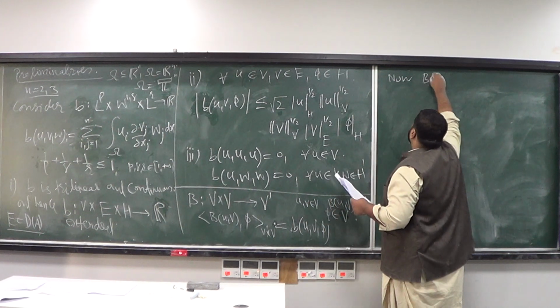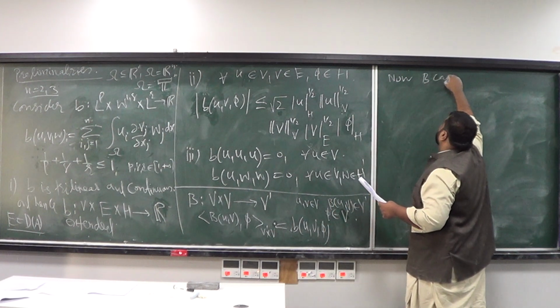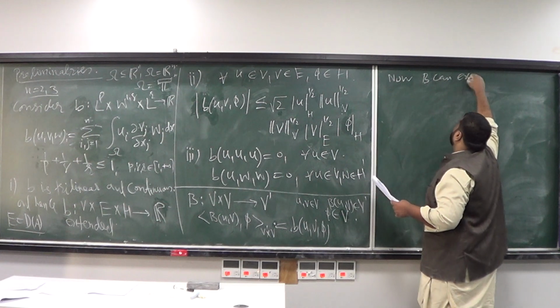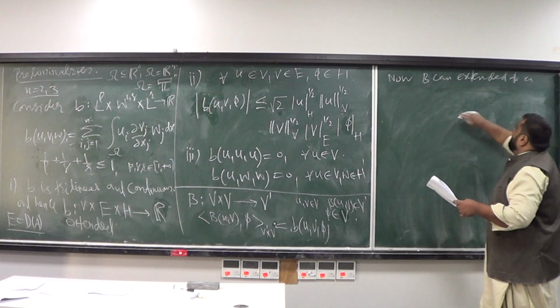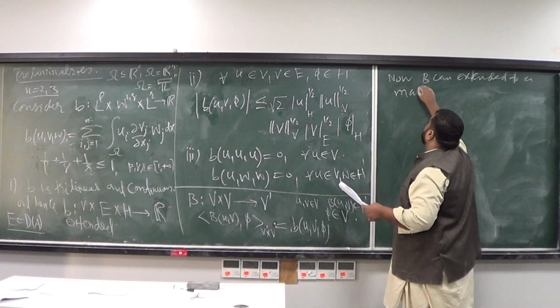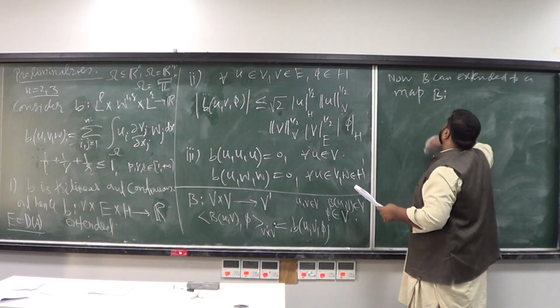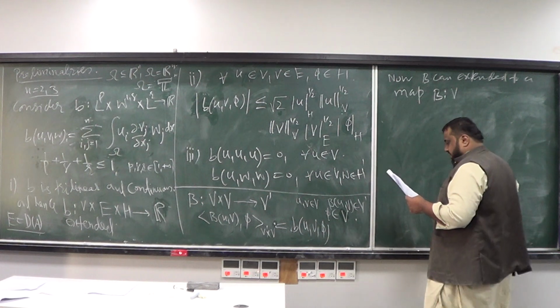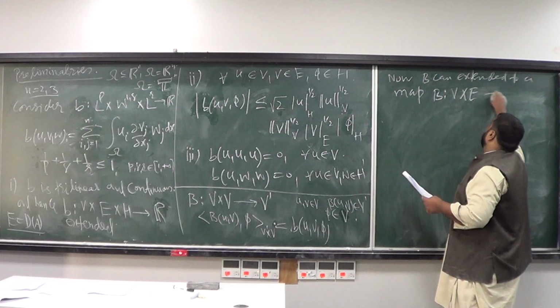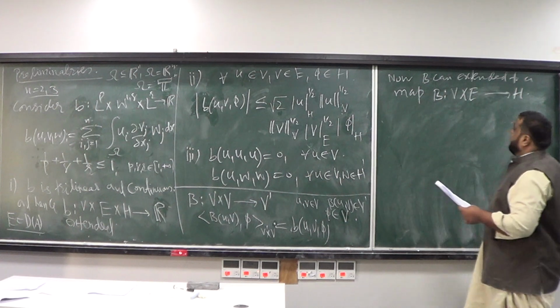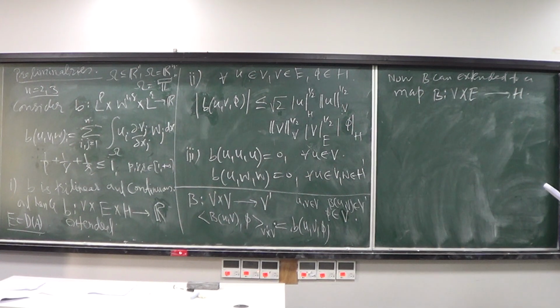B can be extended to a map B that is defined from V cross E into H actually. Okay, so you can define this.